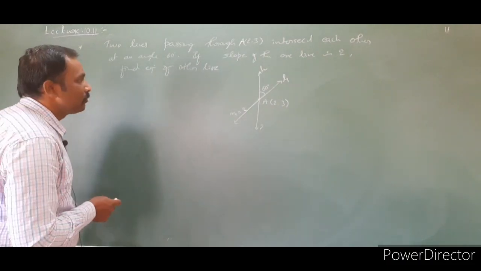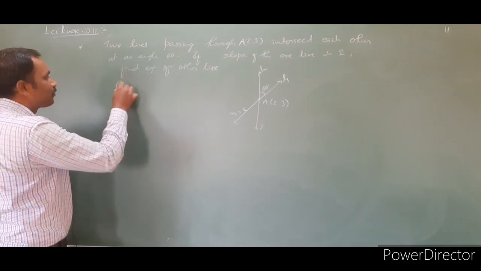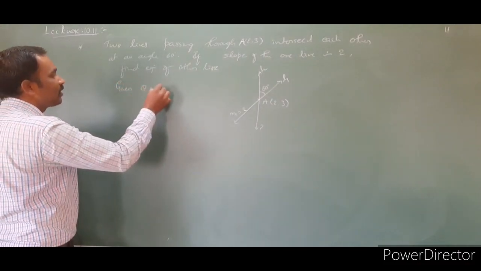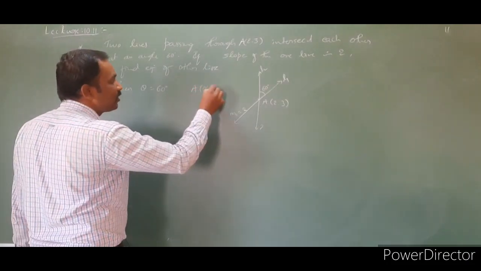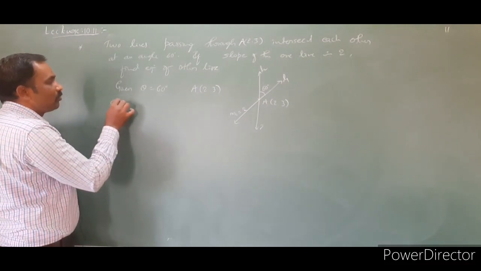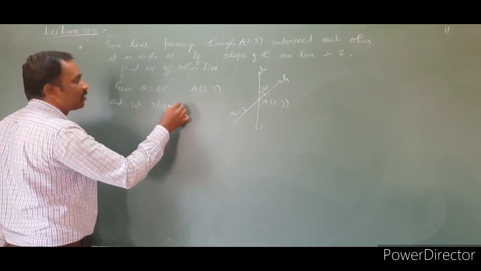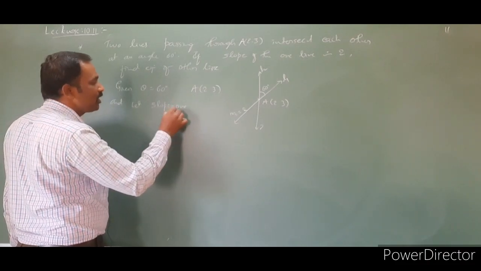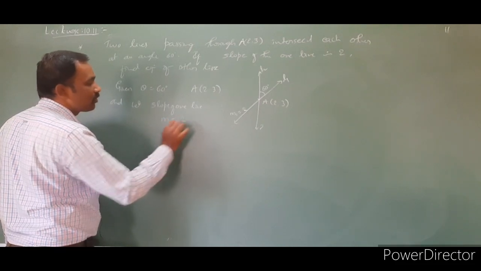Proceed. What are the given things? Theta is equal to 60 degrees, and point A is given as (2, 3), the point of intersection. Let the slope of one line be m1 is equal to 2.